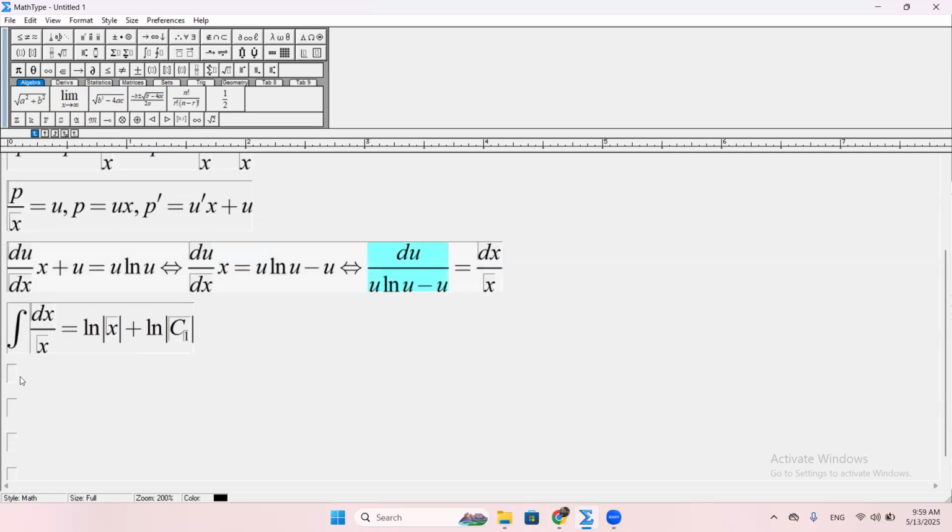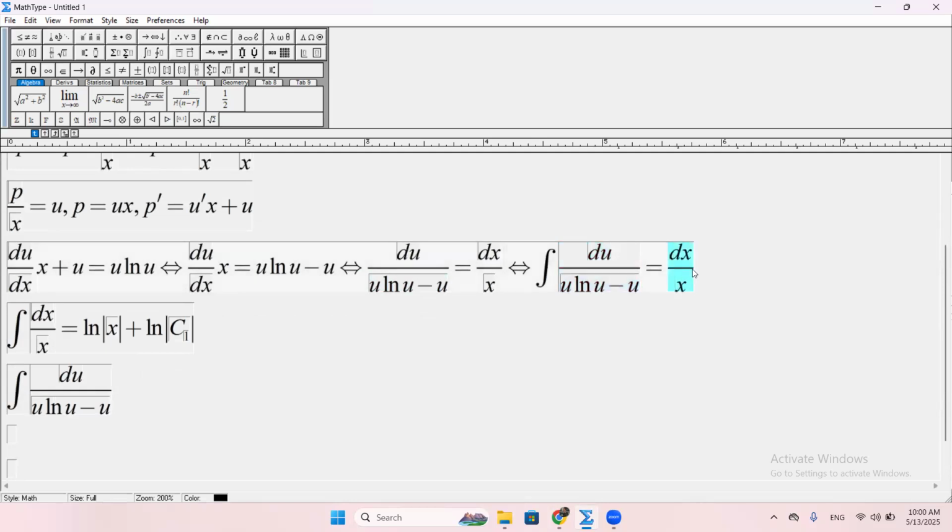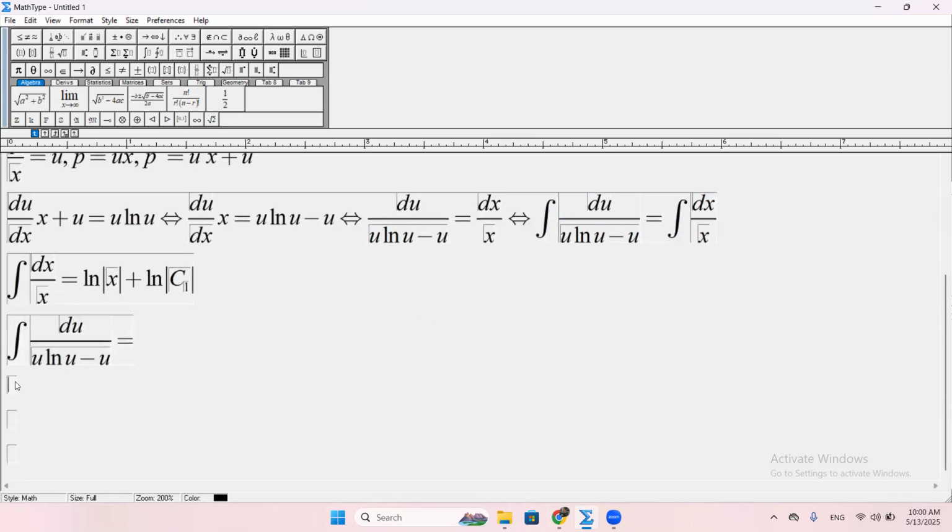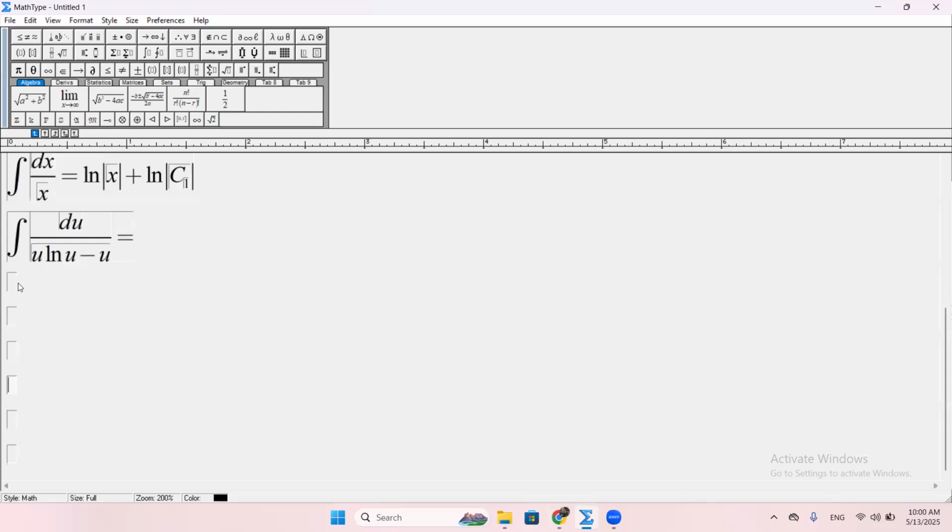Then what about this integral? It will be more interesting. By the way, let me put integrals here. Okay, now let's try to split it into two fractions.